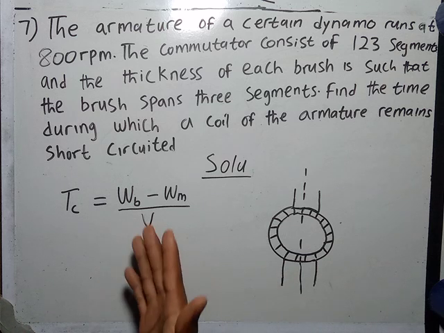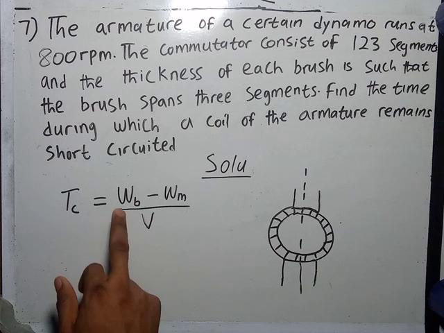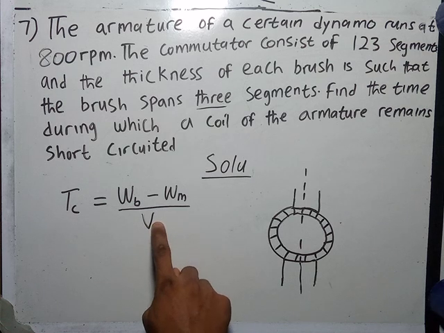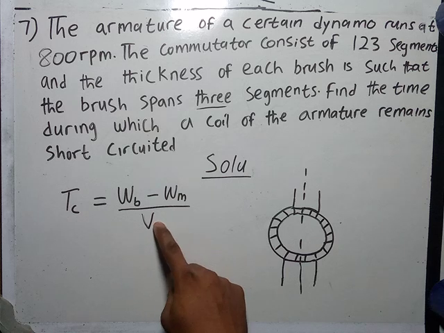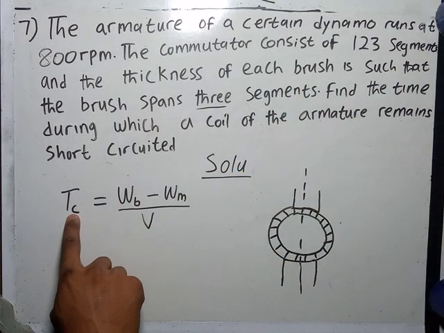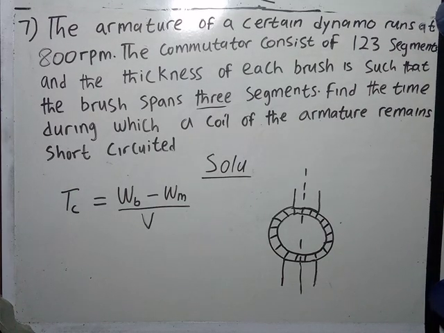So since we don't know what our width is, we can still work with these 3 segments given to us. But the impact it will be having is that our peripheral velocity will be expressed in terms of segments per second, so we can get back our unit for time, which is seconds.